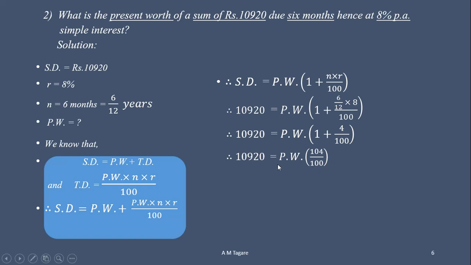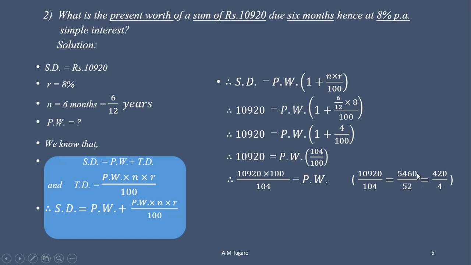We transfer this 100 and 104 to this side. So we get 10,920 into this 100 upon 104, which is equal to present worth. Now this simplification, 10,920 upon 104 dividing by 2, we get 5,460 upon 52.